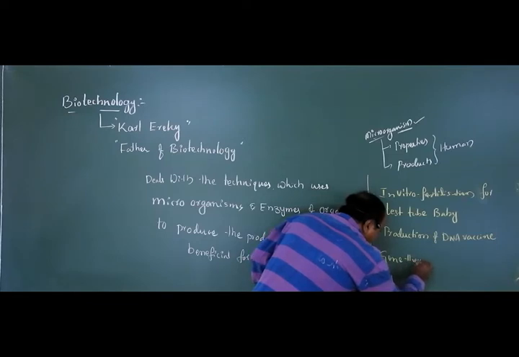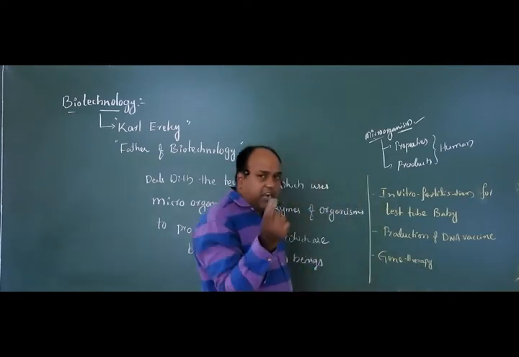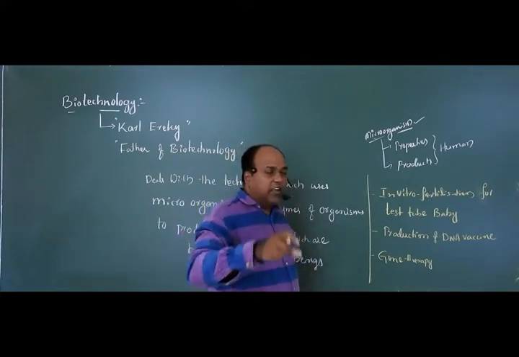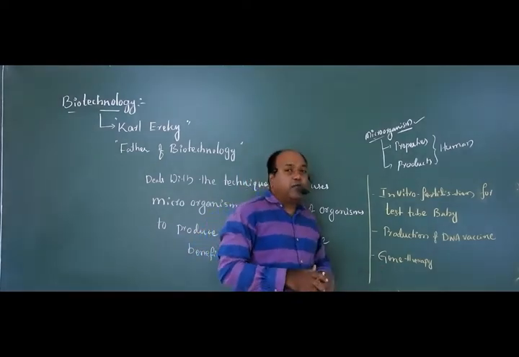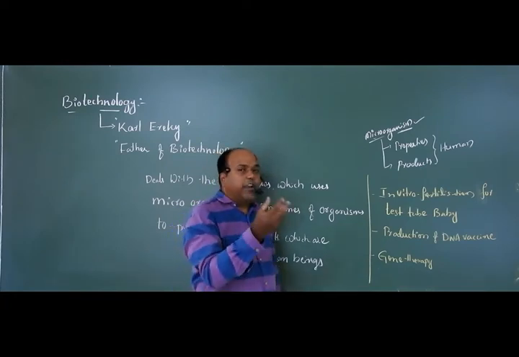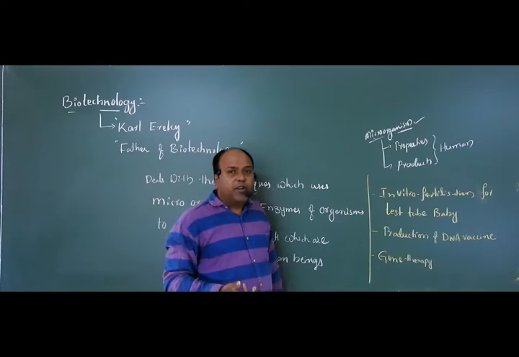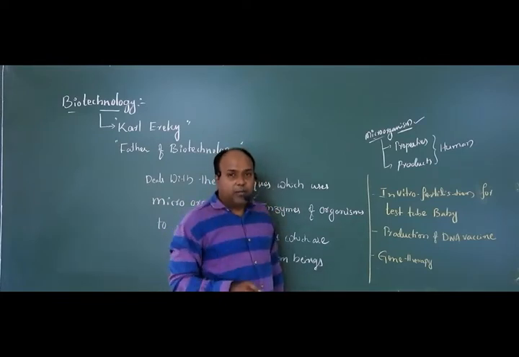Gene therapy. What is gene therapy here? Just correcting the defective gene within a human being. Gene therapy means nothing but here we are correcting the gene. One boy is facing some genetic disorder. The genetic disorder means, here, in that person the gene will be disturbed.